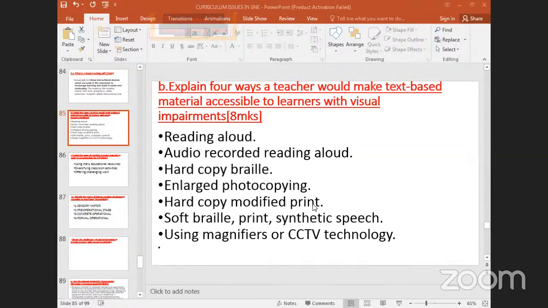That is the CCTV technology. What is this CCTV in full? Closed circuit television. It is also found in module number 4. So you should find out more about it.